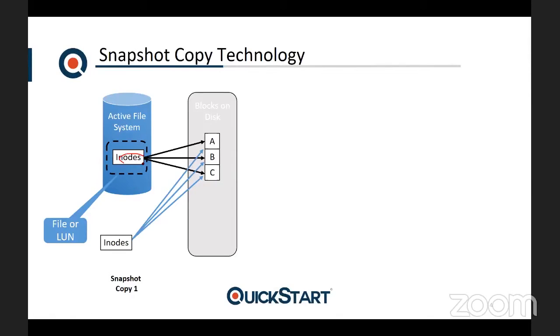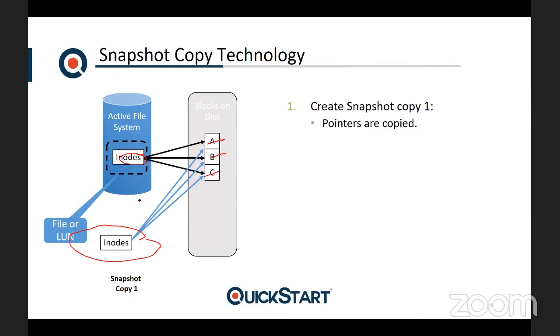That's what we're seeing over here with the inodes, and my data blocks we're representing as A, B, C over here, blocks on disk. The idea is when I create the snapshot, I'm not copying the data blocks, I'm just copying the pointers. And thus we see the inodes pointing to the same data blocks. So the only thing that's being copied when I create the snapshot are the pointers to those files. Thus the copy part of snapshot copy.